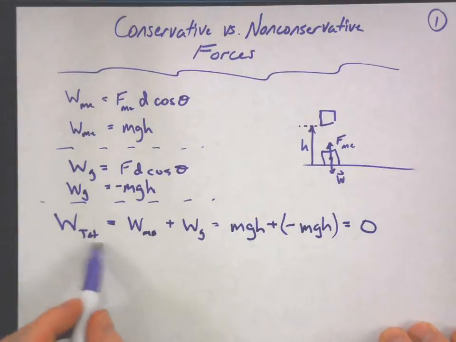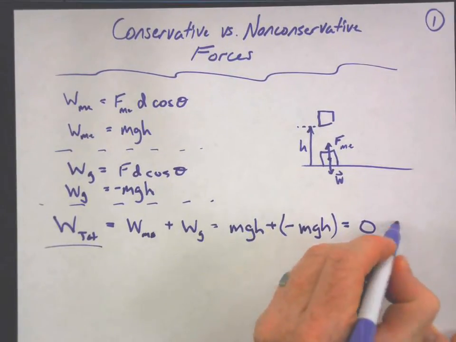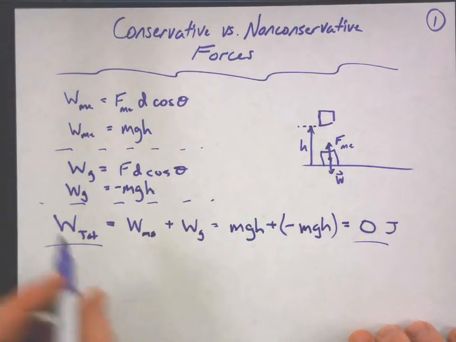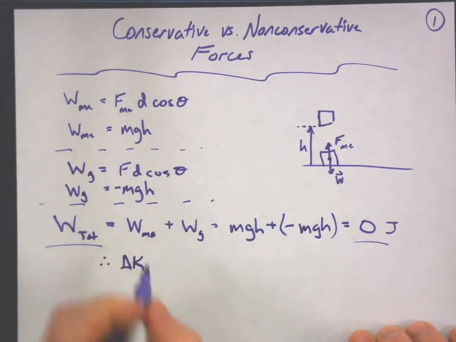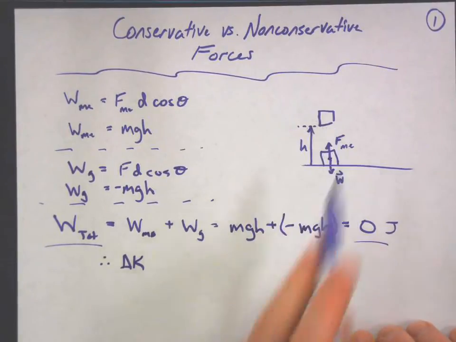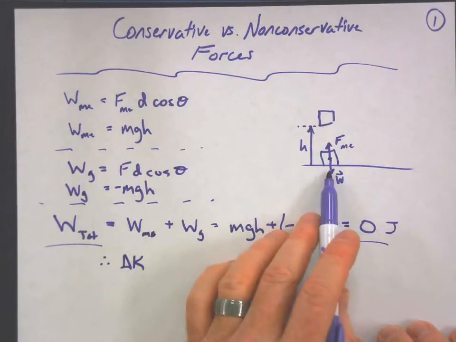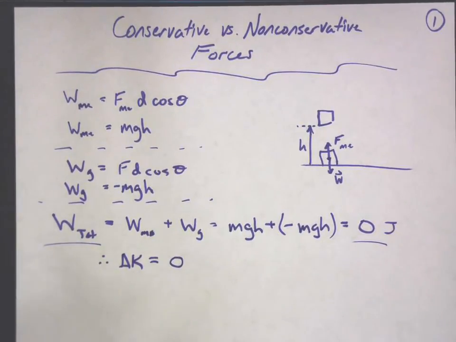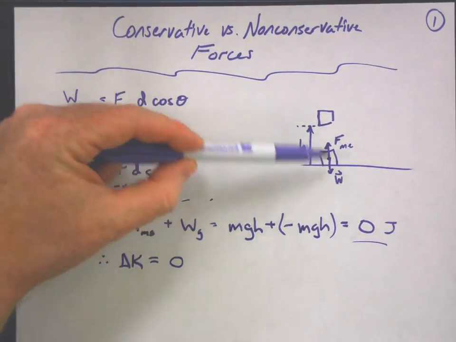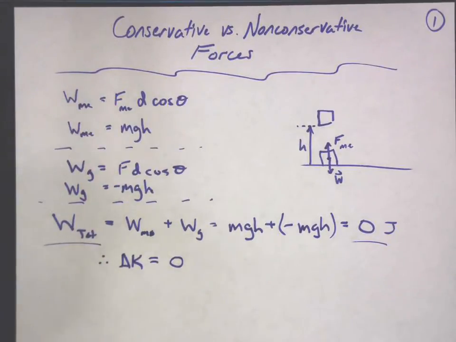The total work was 0 joules. So what's the change in kinetic energy of the box? When I get it up there, it has 0 velocity. When it started, it had 0 velocity. And by definition, total work is equal to the change in kinetic energy. So we have a 0 change in kinetic energy. That's easy to see, because with two forces acting at the same time, 0 total work was done, although each individual force was doing work.